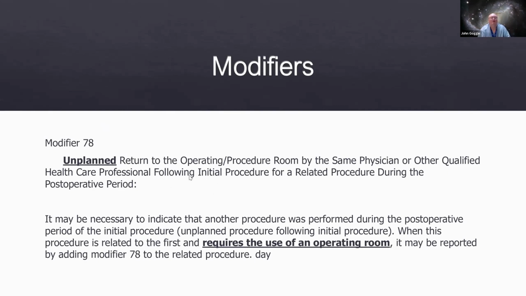It's an anticipated complication, so to speak, and it's included in the payment for the original procedure, and you can't bill a separate procedure with a 78 unless you had to take them to the OR for some reason, and you'd have to justify why you did. You couldn't just do it so you got paid.